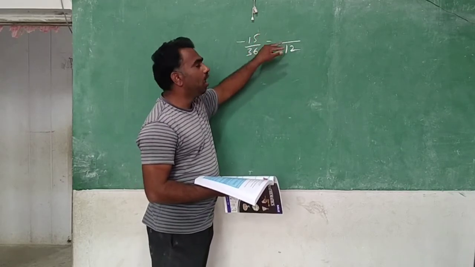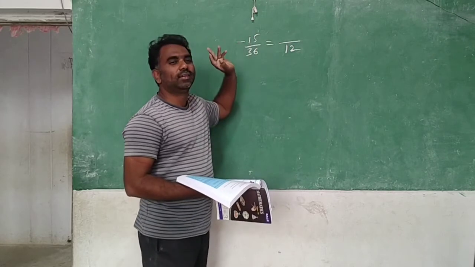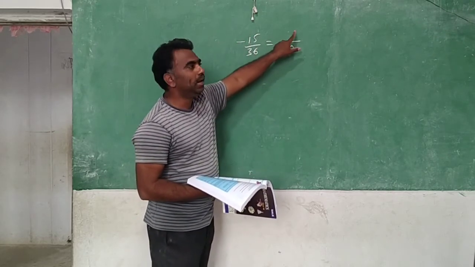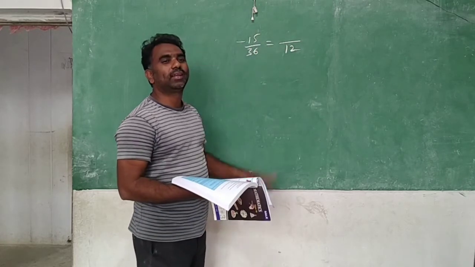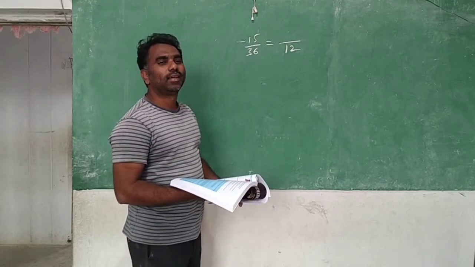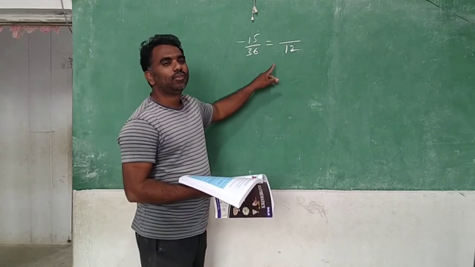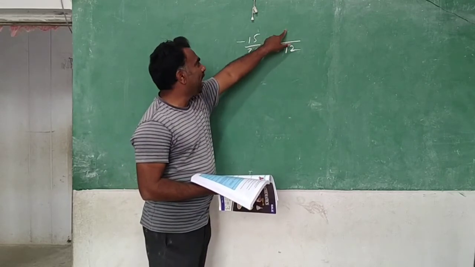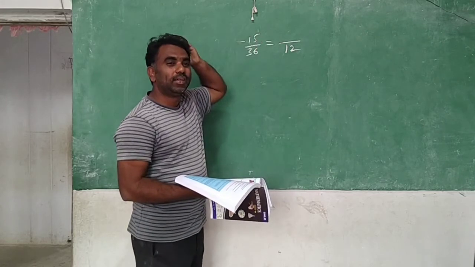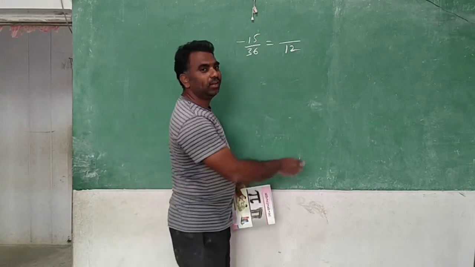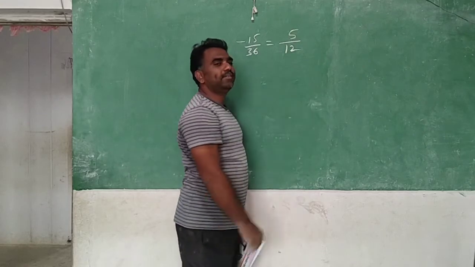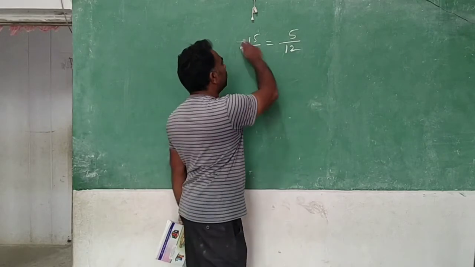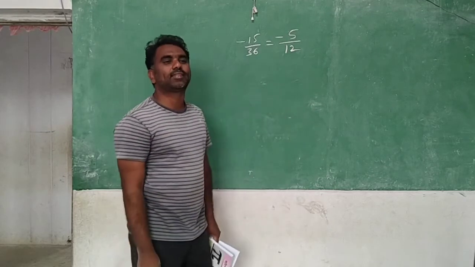Above also, how many 3s are 15? 12 3s are 36, then how many 3s are 15? 5 3s are 15. So what will come here? 5 will come. And the minus symbol compulsorily should show. Equal means minus.